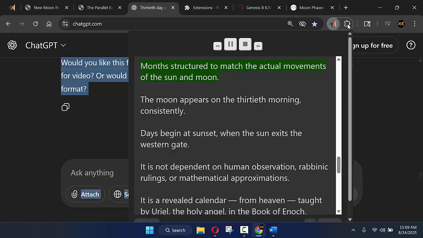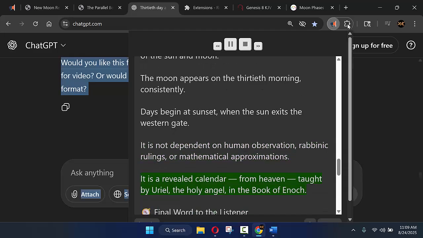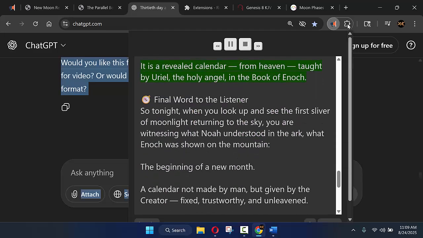Months structured to match the actual movements of the sun and moon. The moon appears on the 30th morning, consistently. Days begin at sunset, when the sun exits the western gate. It is not dependent on human observation, rabbinic rulings, or mathematical approximations. It is a revealed calendar, from heaven, taught by Uriel, the holy angel, in the book of Enoch.